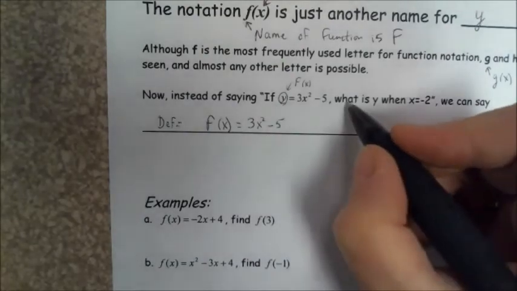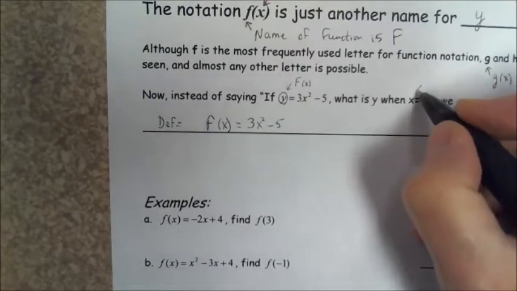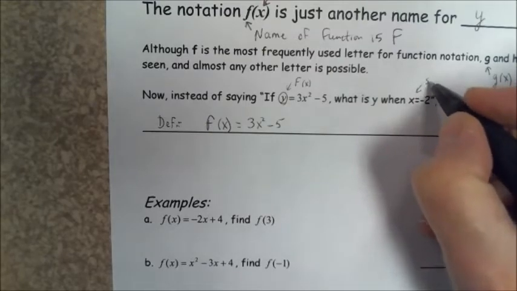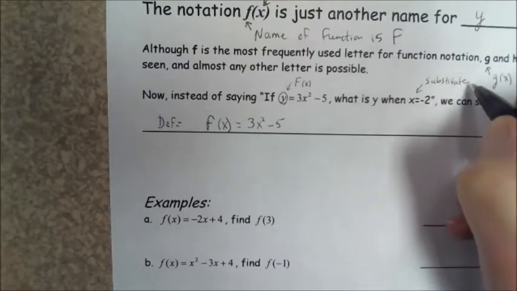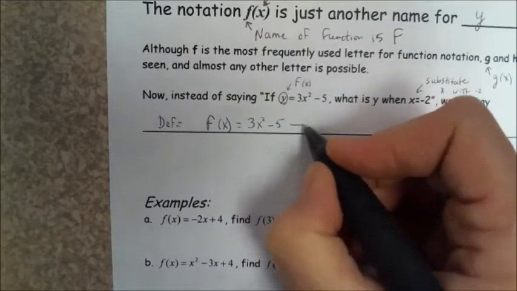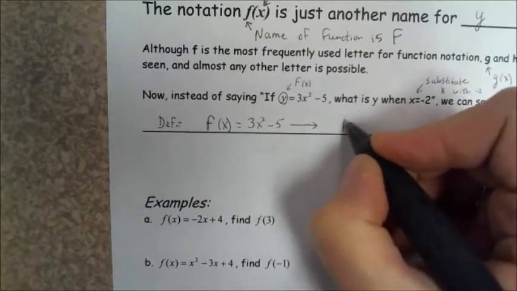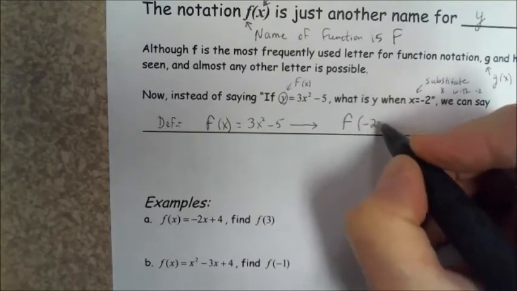Now if we want to figure out what y is when x is equal to -2, we're going to replace the x with a -2. That's a substitution. So substitute x with -2 in this. Instead of f of x, we take that x out and put a -2 in its place.